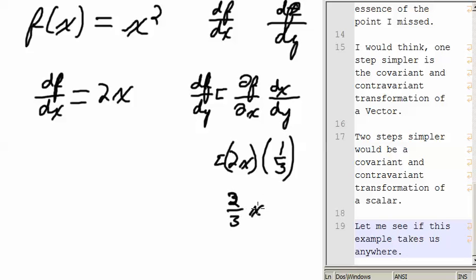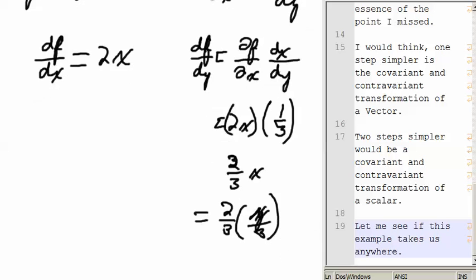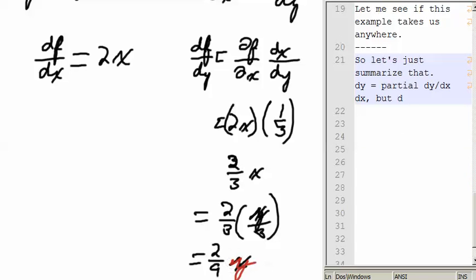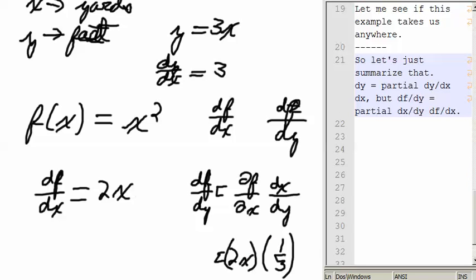And since y is equal to 3x, this is 2/3 times x, or y over 3, or 2/9 y. So let's summarize that using a little bit of extra notation.